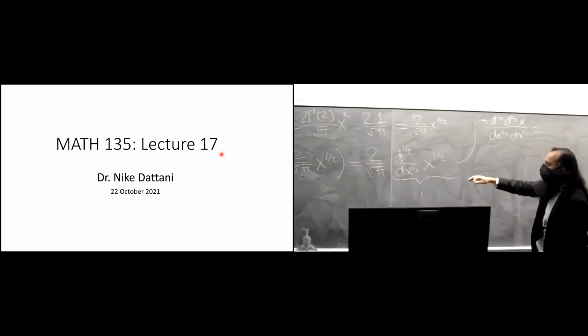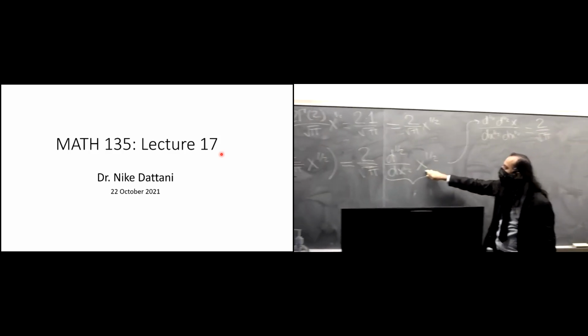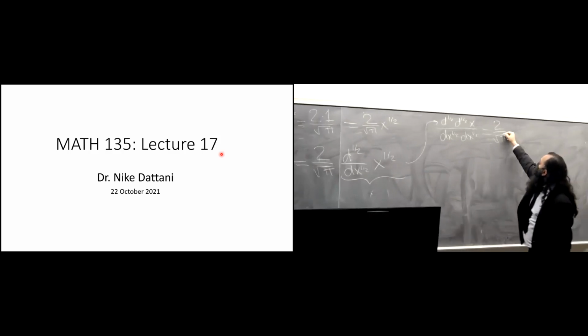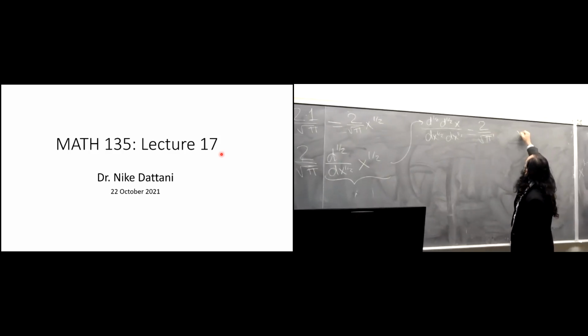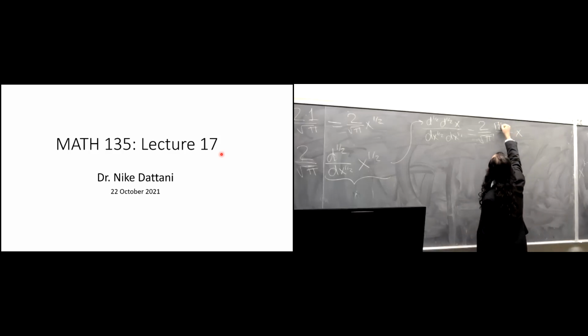This equals 2 over root pi times what? I have something of the form x to the a, and I want to do the half derivative of it. What's that going to be equal to? Gamma of 1/2 plus 1. Okay, so I have gamma of k plus 1, right? So now k is equal to a half. Good. And here, what do I have?